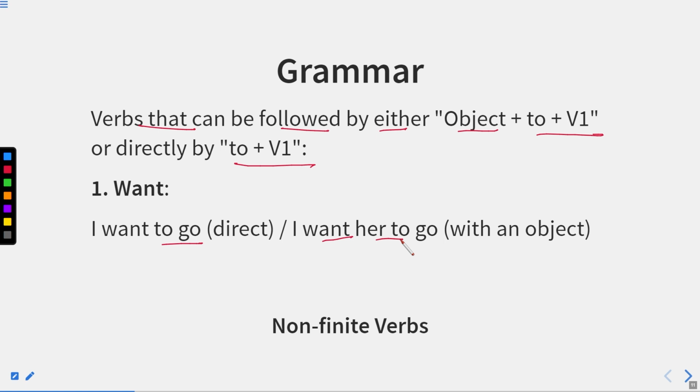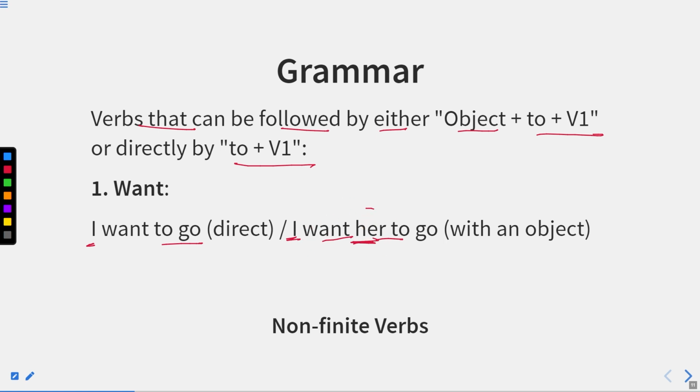Now, there is a slight difference between the meanings of the two sentences. What does it mean? If I say I want to go, it means I myself want to go. It means it is my desire that I want to go somewhere. But if I say I want her to go, in this sentence I don't want to go somewhere, but I want her.